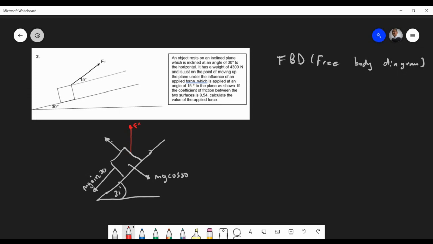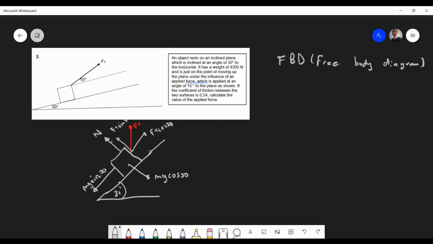As I say here, it's on the point of moving up, so it's nearly equivalent. So of course, this is going to be F_T cos 30. Are we all familiar with this? And we've got another one here, F_T sin 30, and that's your normal force direction.